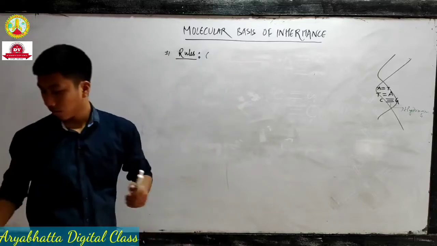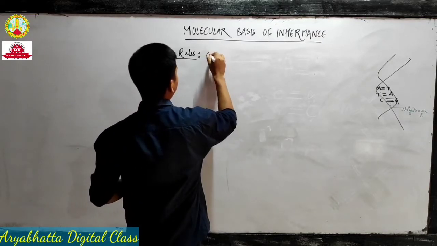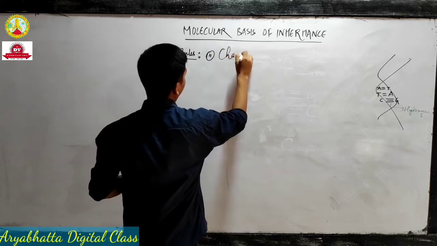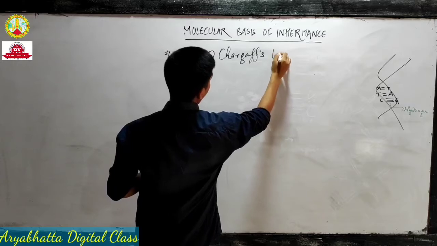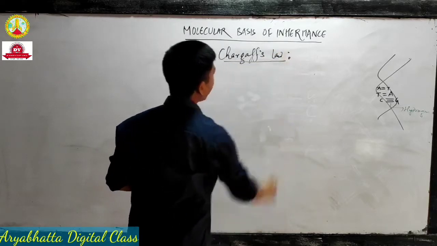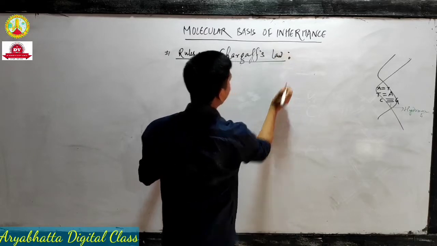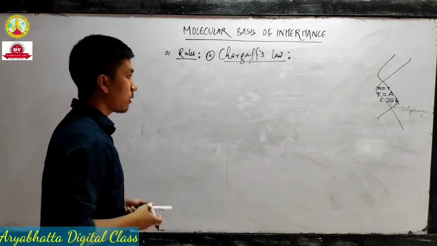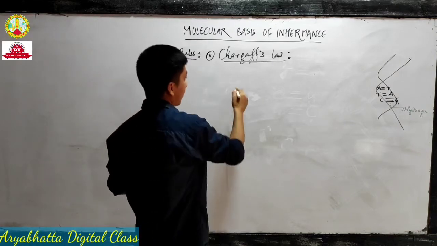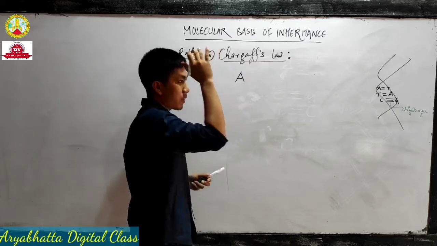And there is one more rule known as Chargaff's rule or Chargaff's law. You can say Chargaff's rule and also Chargaff's law. So according to Chargaff's law, what does it say? It says that adenine is always equal to thymine and vice versa.